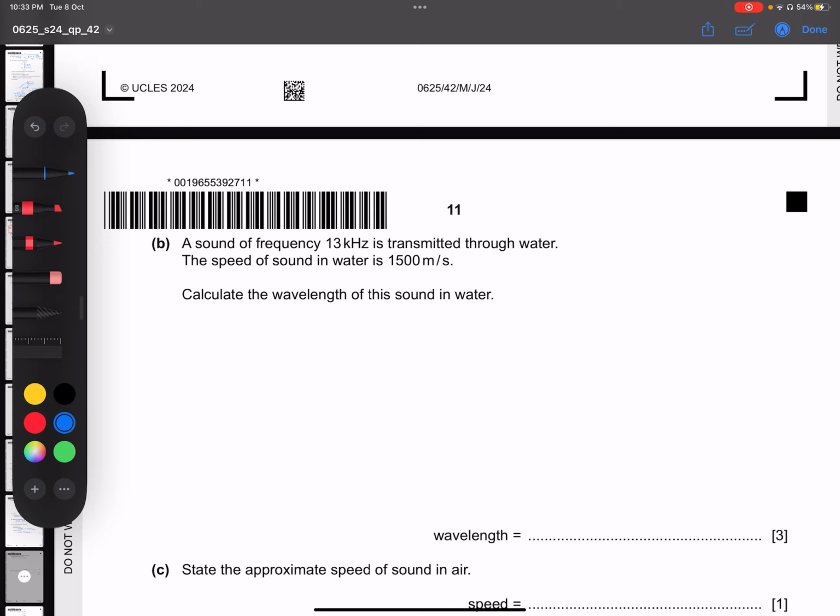A sound of frequency 13 kilohertz is transmitted through water. The speed of sound in water is 1500 meter per second. Calculate the wavelength of the sound in water. Okay, we know v is equal to lambda f, where lambda is the wavelength, f is the frequency, and v is the velocity of the wave. So we know the speed is 1500, we know lambda is wavelength, and we know frequency is 13 kilohertz.